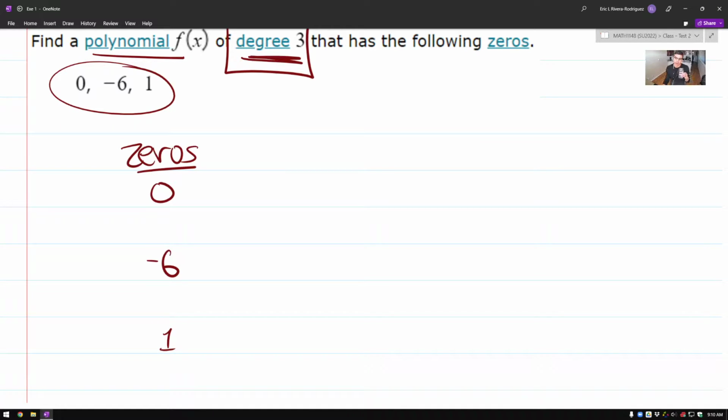How do we use the zeros to get the factors of the polynomial function? Anyone? What is the relationship between the zeros of a polynomial function and the factors of the polynomial function?